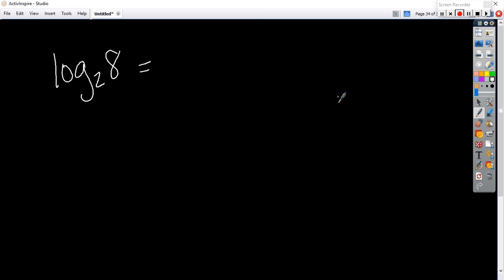What are you doing? 2. Well, remember it's going to equal power. So 2, what would go here to make this equal 8? 3. Do you all see what we did there? You're kind of thinking through exponential form in your mind.